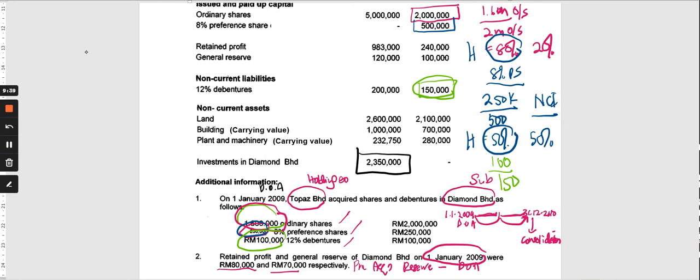We are talking about the 12% debenture. 100 over 150. So that is actually 2/3. So meaning to say that other debenture holders will have only 1/3. So therefore that has been calculated.